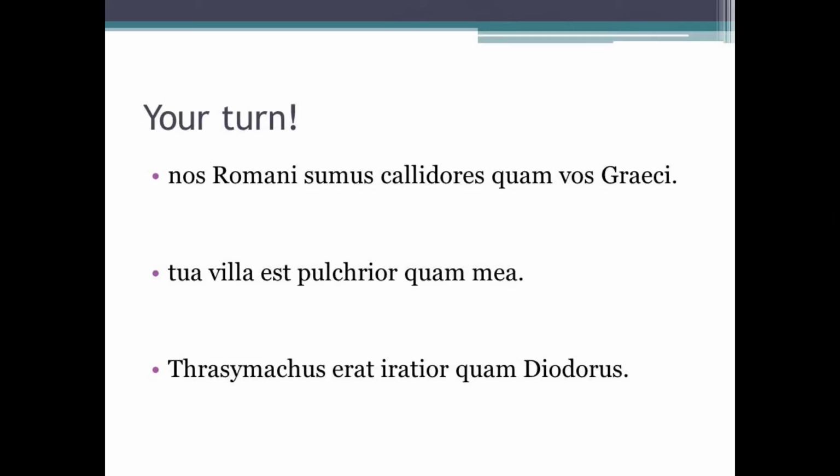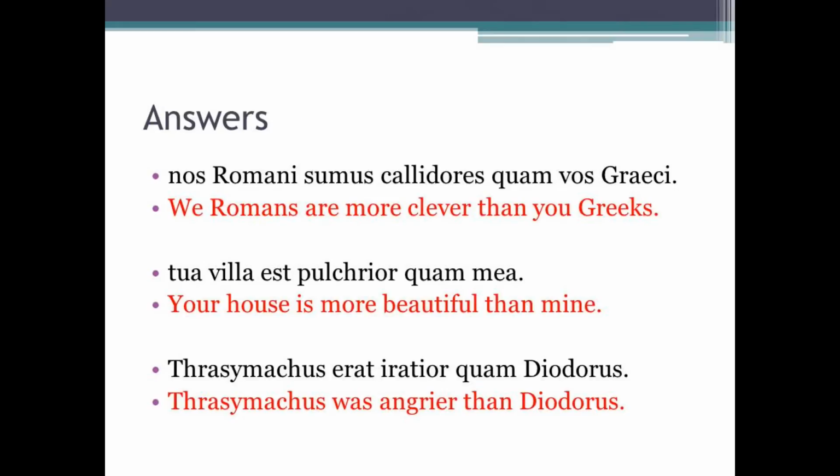I would now like you to have a go at translating the following sentences. So pause the video and have a go at those. Now let's go through the answers. Nos Romani sumus calidiores quam vos Graeci. We Romans are more clever than you Greeks.